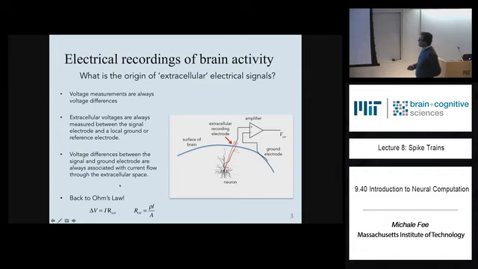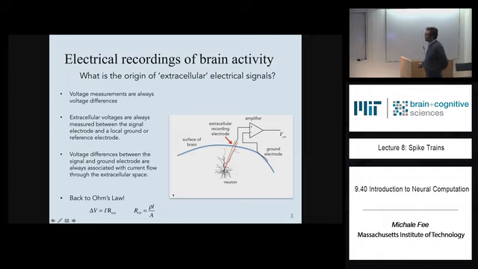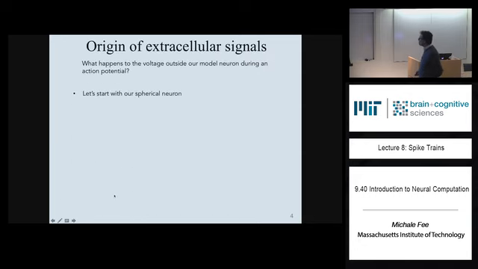And you remember from previous lectures that the effective resistance of extracellular space is proportional to the resistivity in extracellular space times a length scale divided by an area scale.